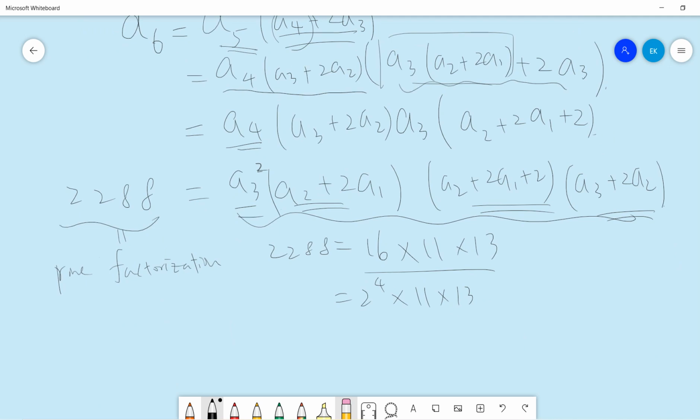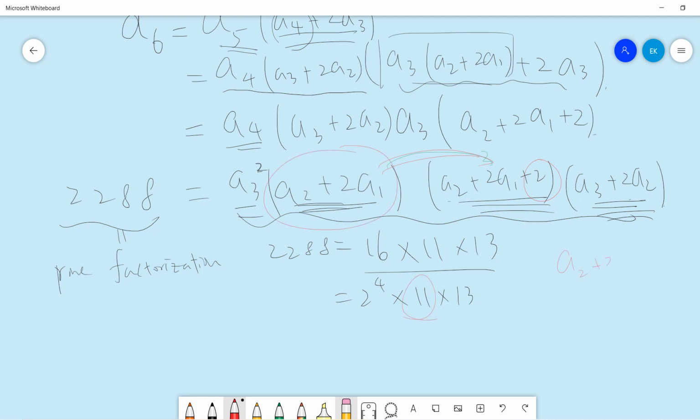And then you see a3 plus 2a2, and a2 plus 2a1 plus 2 versus a2 plus 2a1, they differ by 2. So obviously this term should be equal to 11.